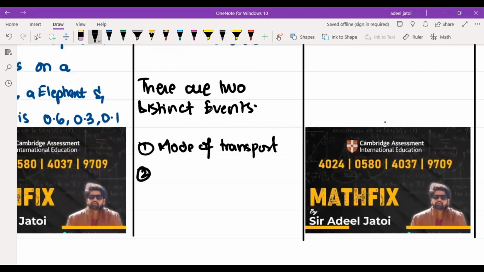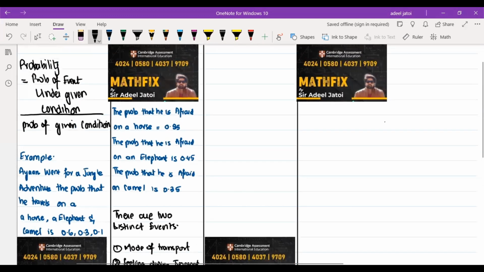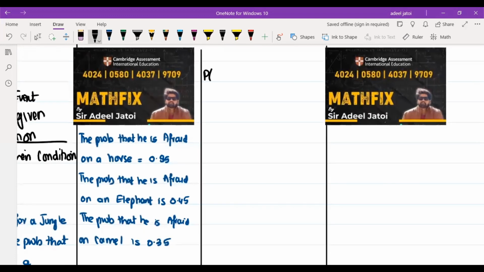Number two is his feelings during transport. His feeling during transport.